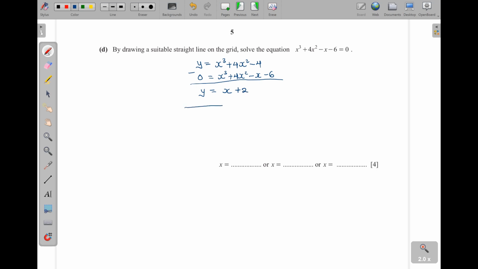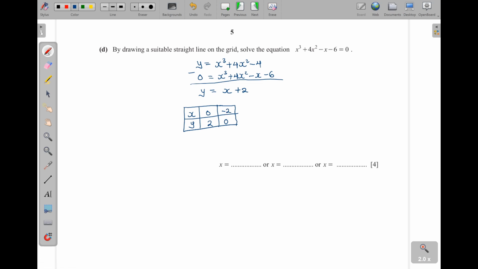That means we are going to get two coordinates. Two coordinates are enough. And then we go plot them for this line here. When x is 0, put a 0 here, y will be equal to 2. Then when y is 0, I'll put a 0 here, bring the 2 this way, x will be negative 2. Then we plot this one here.